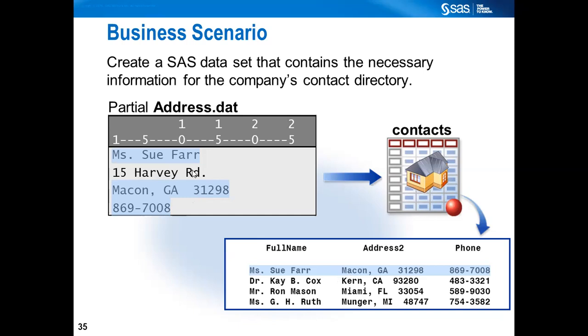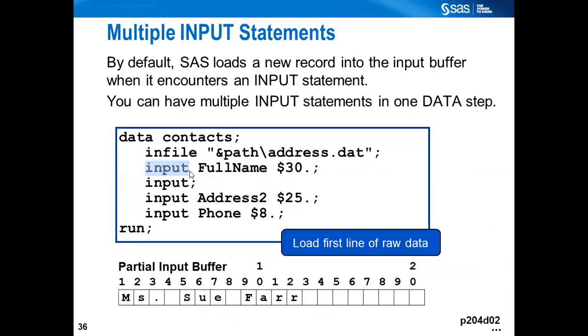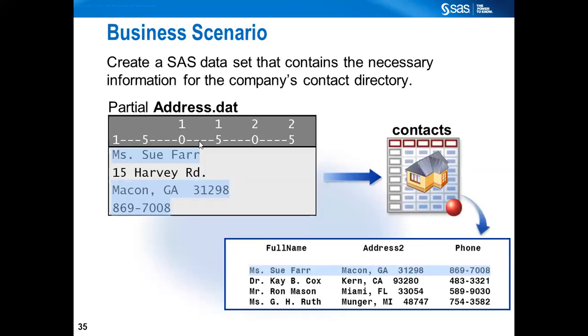We'll see this scenario next time, not today, because it will take a bit of time for you to understand. This is actually not address 1 or address 2; this is one full address, in multiple lines in your data record. So this comes as address line 2, this comes as address line 1, for us to create as a SAS data set.